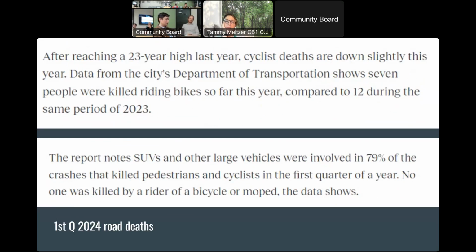One of the problems that we have, and Deborah Glick has spoken about it extensively, was that NYPD does not have to take a report if a pedestrian is injured by a bicyclist. They should, but they haven't been.